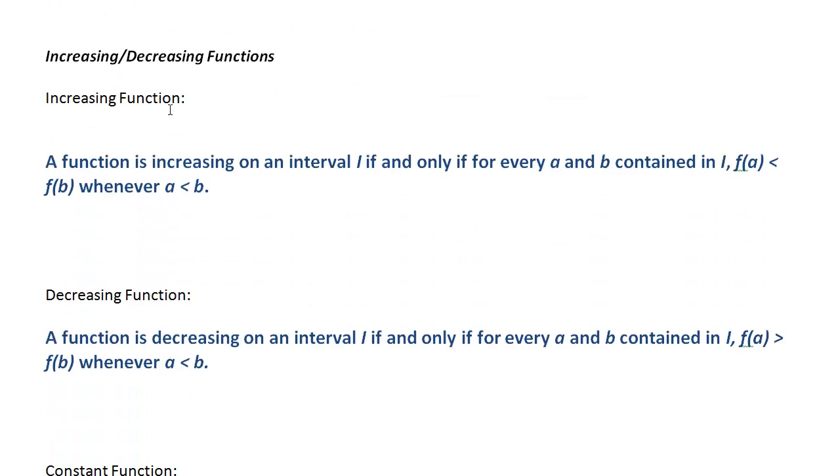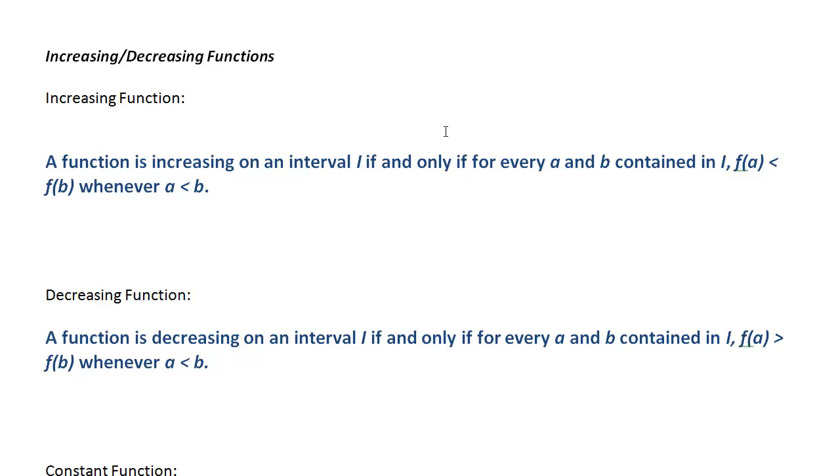And so really you've got two things. It's either going to increase or decrease. There is a third. It could be a constant function, but most are going to be increasing or decreasing. And an increasing function is increasing on an interval if and only if for every a and b contained in the interval, f of a is less than f of b whenever a is less than b.